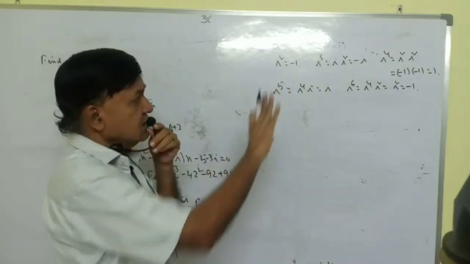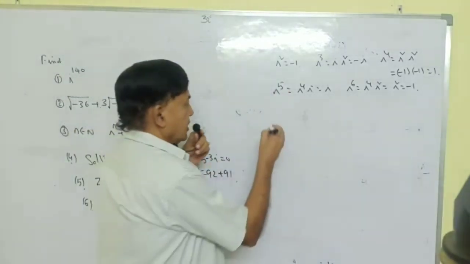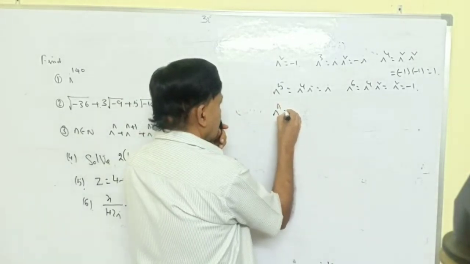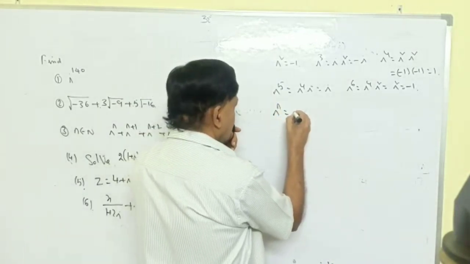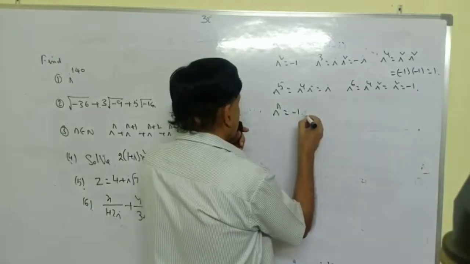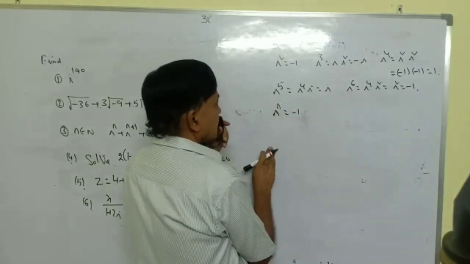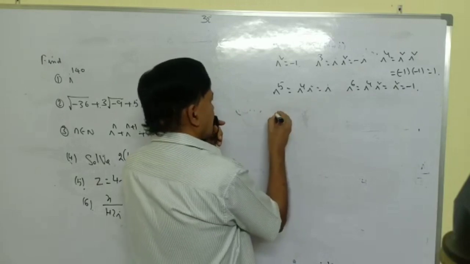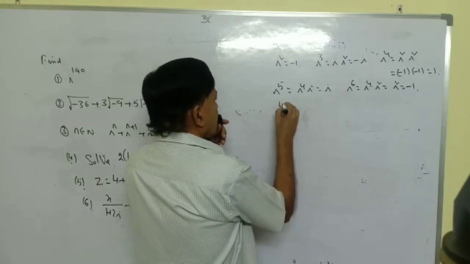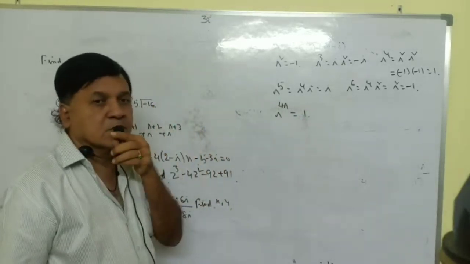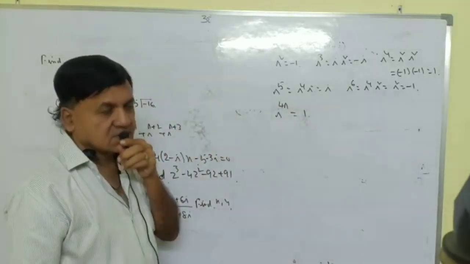So, all these things will tell you the following points. Think like this: i power 4n is always 1.